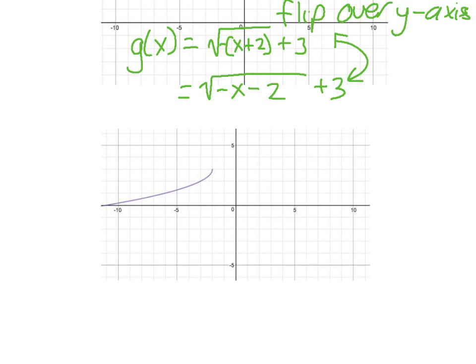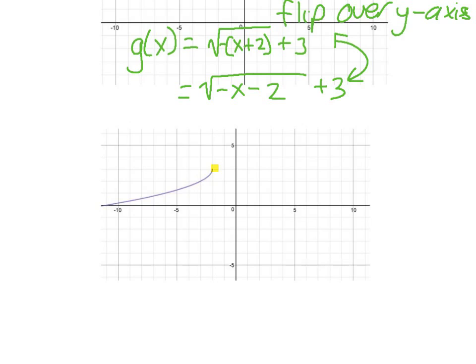For this next graph, I also notice that it is a square root graph. And I notice that it is going to the left, so that means a reflection over the y-axis, and it's going down, so that's also going to be a reflection over the x-axis. So first, let's find the vertex.